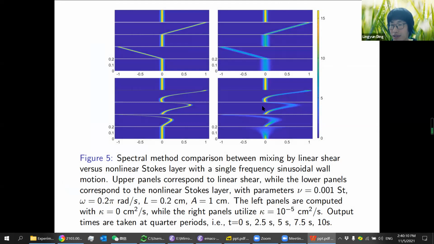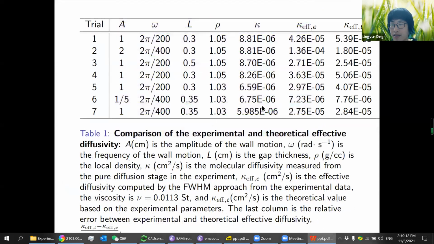Since the fluid is stratified, there's only convection in each horizontal plane. That can greatly reduce the convection in the vertical direction. We use salt water to make the stratified fluid, and the density here indicates the density of the salt water we used in the stratification.